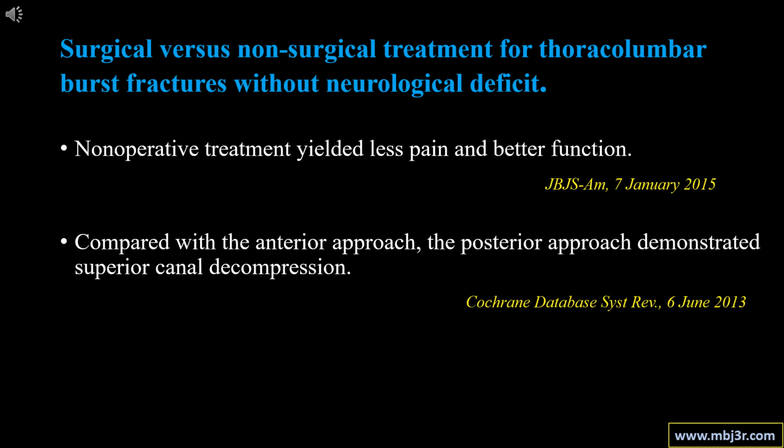However, due to lack of large prospective randomized studies, the definitive optimal treatment of thoracolumbar burst fractures without neurological deficits remains unclear. Compared with the anterior approach, the posterior approach demonstrated superior canal decompression.